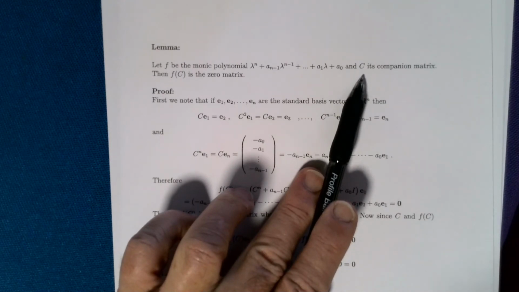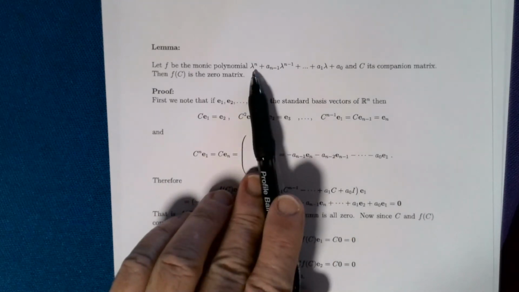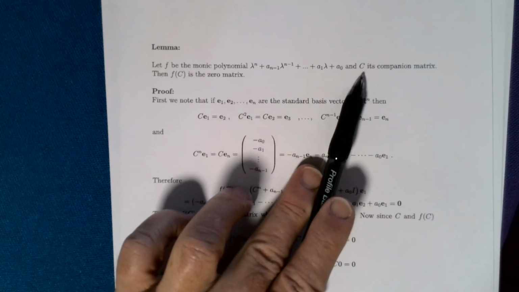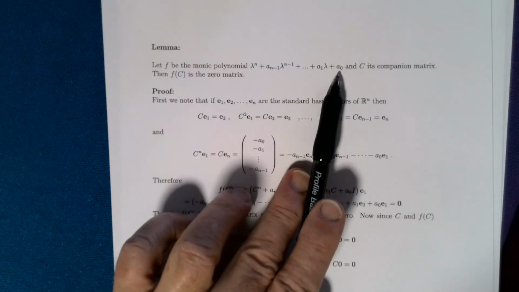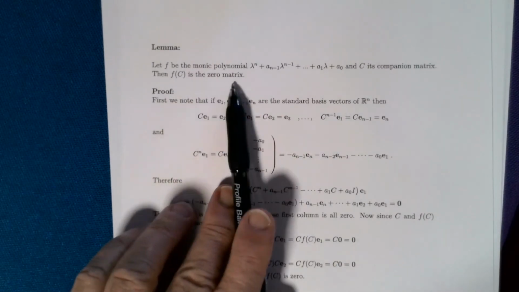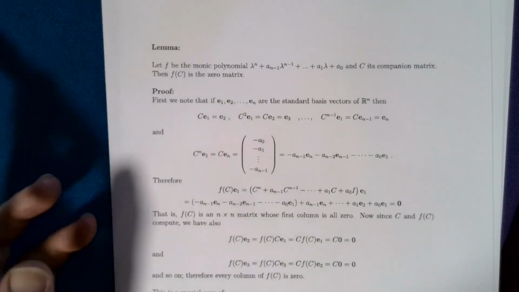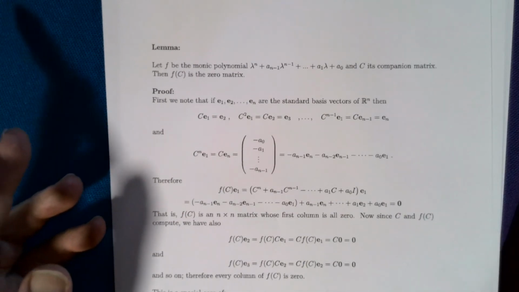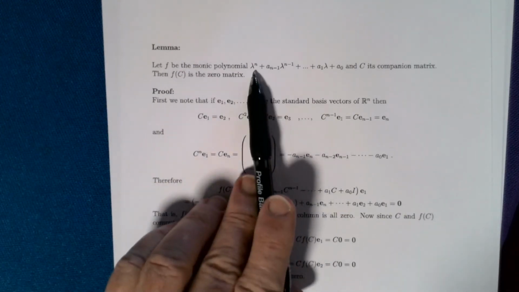And in this little lemma, we're going to show that if you replace lambda with this matrix C, and of course you replace a0 with a0 I, then f of C is just the zero matrix. That is, the companion matrix satisfies its own characteristic polynomial.